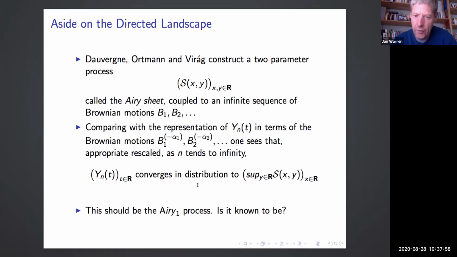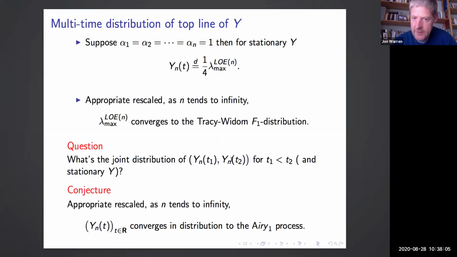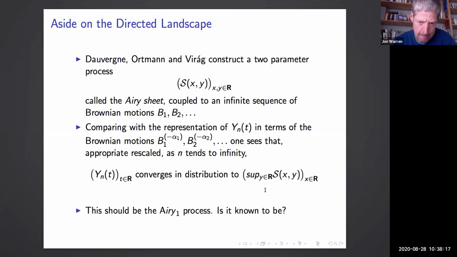If it's not proved, then going back to my previous approach, being able to do this calculation and take a limit as n goes to infinity would give you a proof of the fact that this was Airy 1 as a process in X. So either I'd like to know that this is already known, or I leave it to you as a reason why you should be interested in Y and T at T1 and T2.